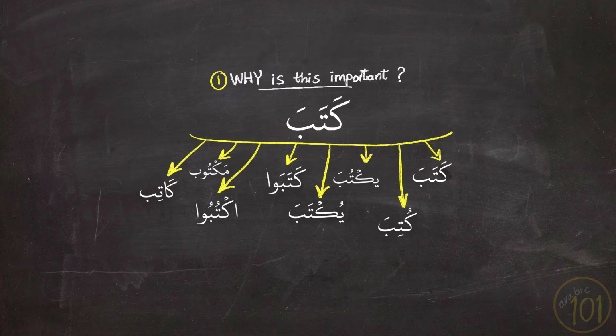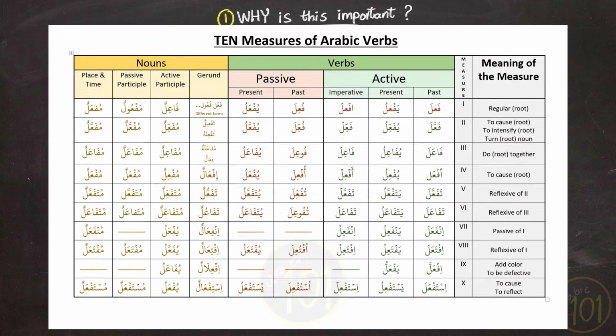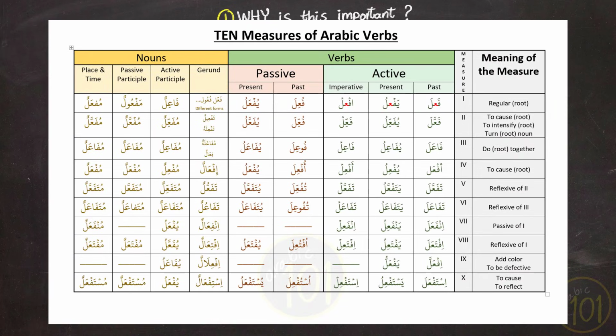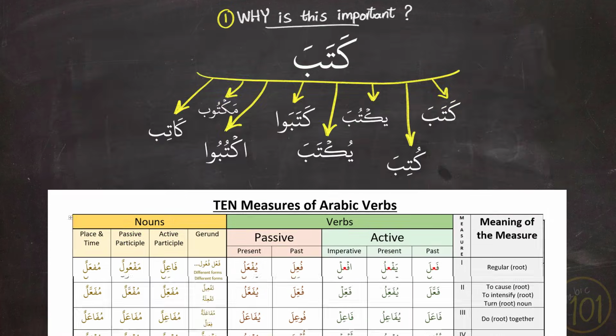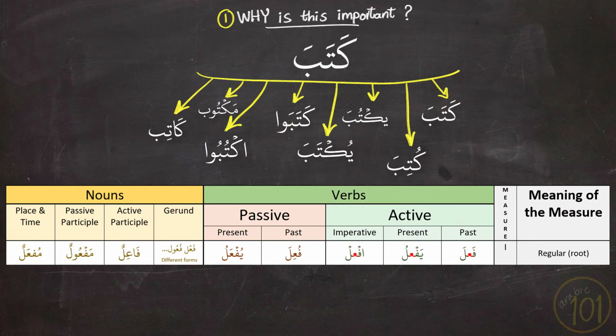So instead of doing this, by following this table, you memorize the measure or the mold and learn what kind of meaning it adds to the base of the verb. So kataba is, as you can see, from the past form because it has the pattern fa'ala.